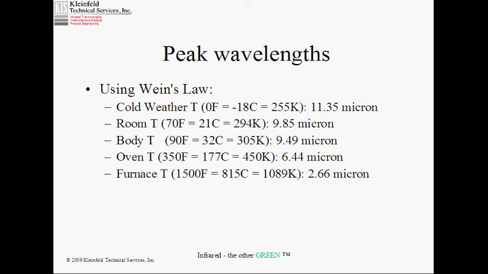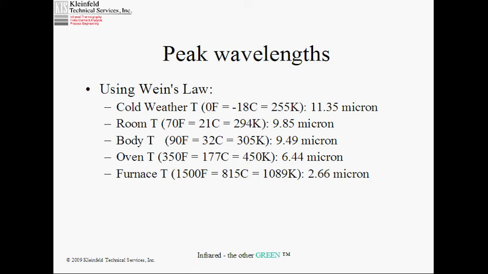Typical values that you'd encounter: cold weather temperature, in other words, 0 Fahrenheit, has a peak at about 11 1/3 microns. Room temperature, just under 10 microns. Body temperature, about 9.5. Oven temperature for a moderate oven would be about 6.4.